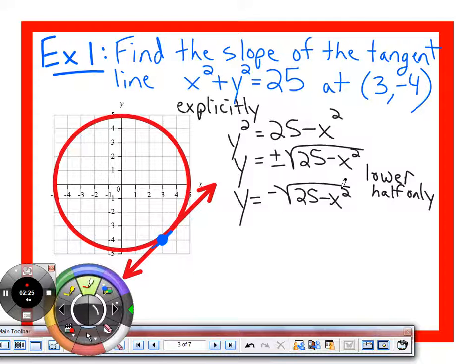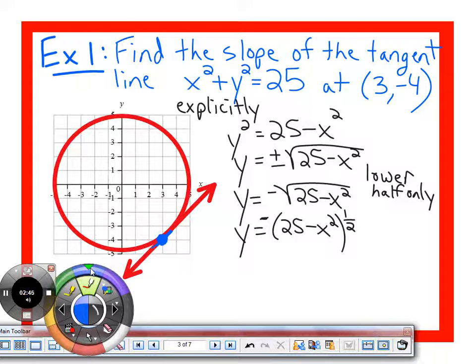Now, we want to figure out the derivative of this. And I think it's way better if we set this up for the power rule before we try to find the derivative. So let's say this is negative, and 25 minus x squared is raised to the 1/2. Now it's set up better to find the derivative.